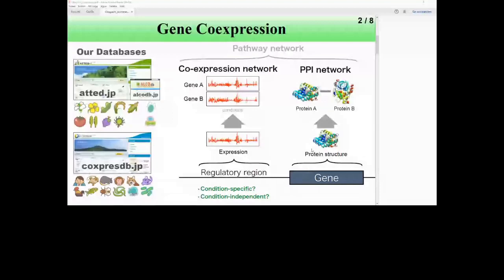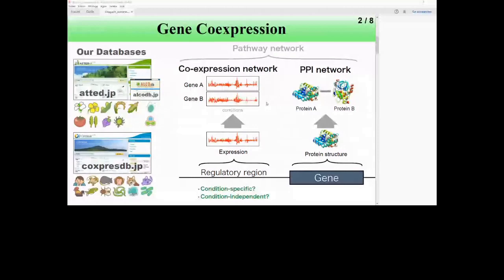The problem is that gene expression is of course dependent on the condition. For example, if we calculate gene co-expression based on expression specific to some condition, for example a laboratory condition, it is not the co-expression of a species, but condition-specific or laboratory-condition-specific co-expression.